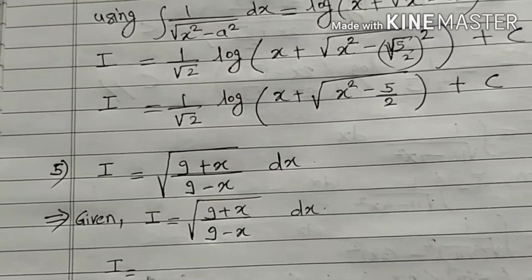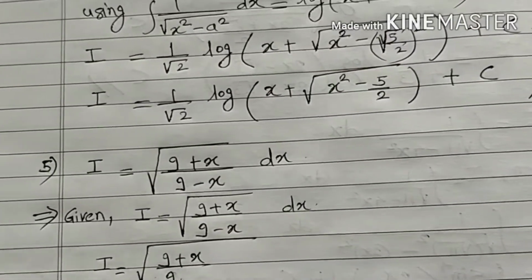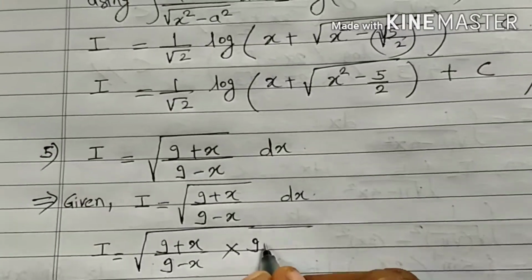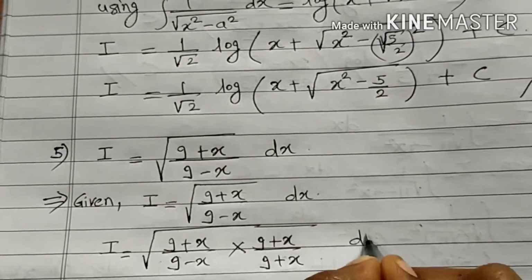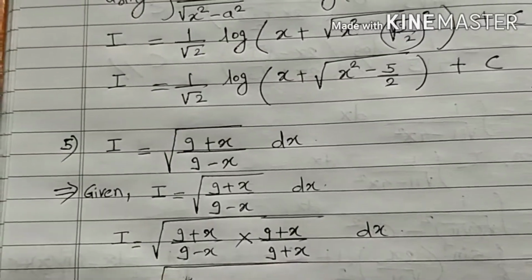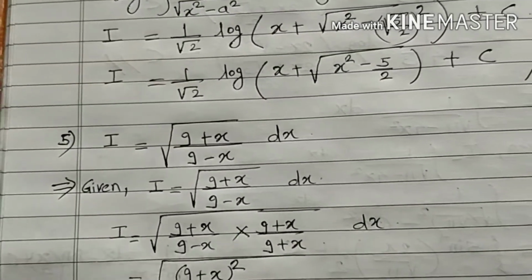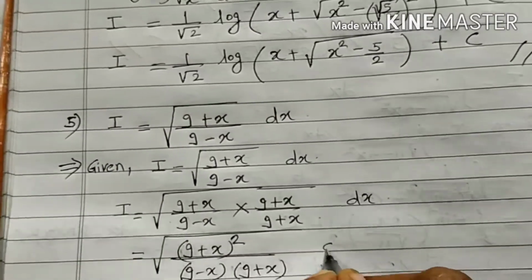To simplify it, take rationalization, which is multiply by 9 plus x upon 9 plus x into dx. So this is 9 plus x whole square and this is 9 minus x, 9 plus x into dx.